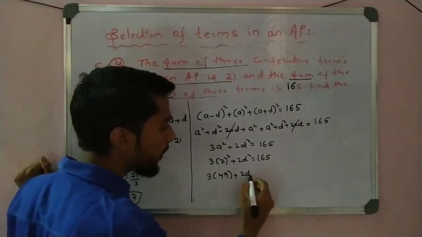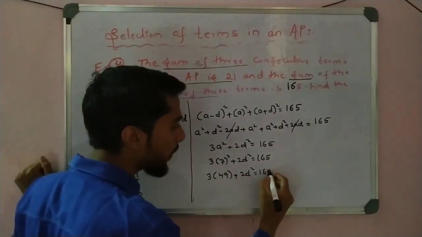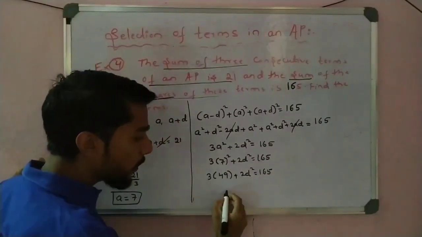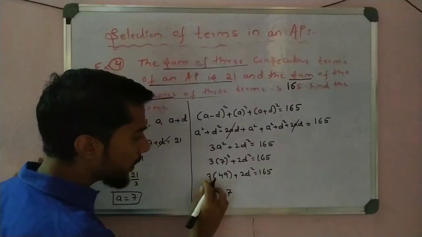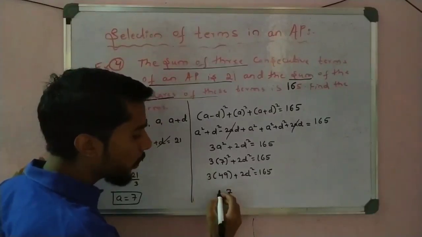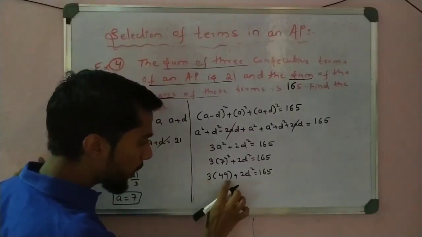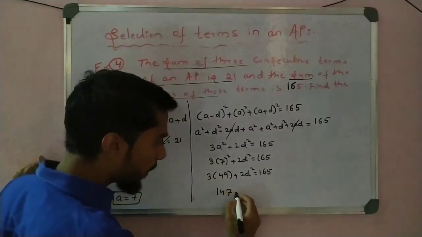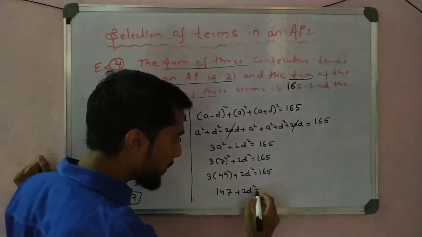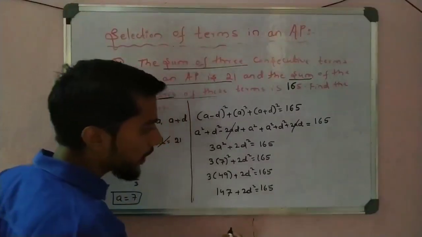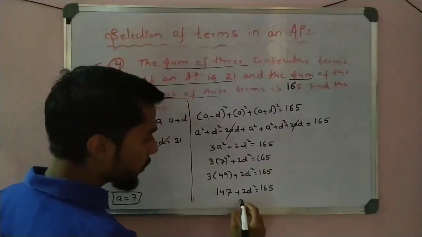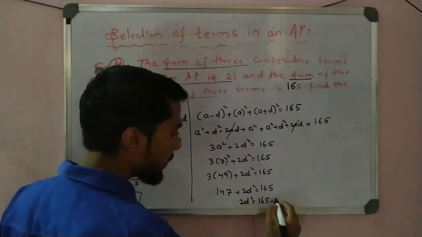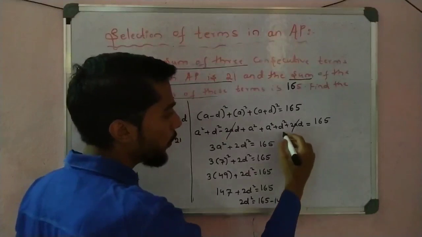Again, what is 49 into 3? 3 nines are 27, 2 carry, 3 fours are 12, plus 2 is 14. So 147 plus 2d square is equal to 165. Correct? Now let us see what is 2d square. 2d square is equal to 165 minus 147. So how is it?